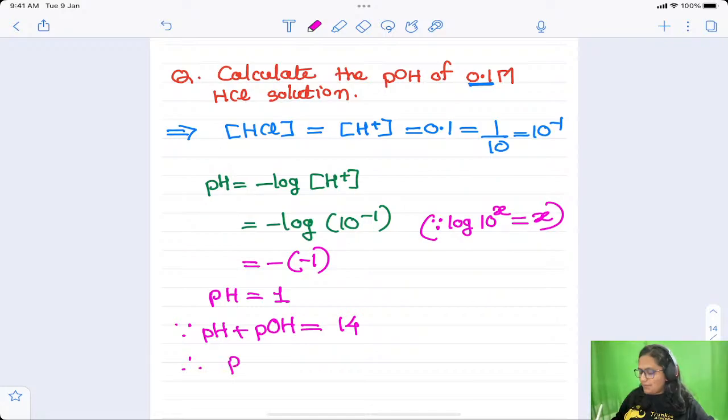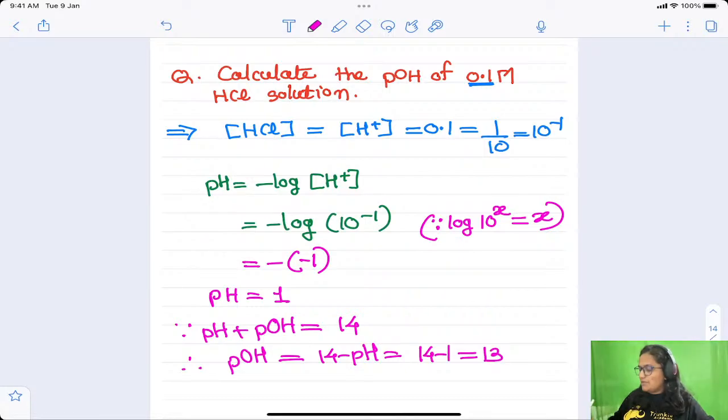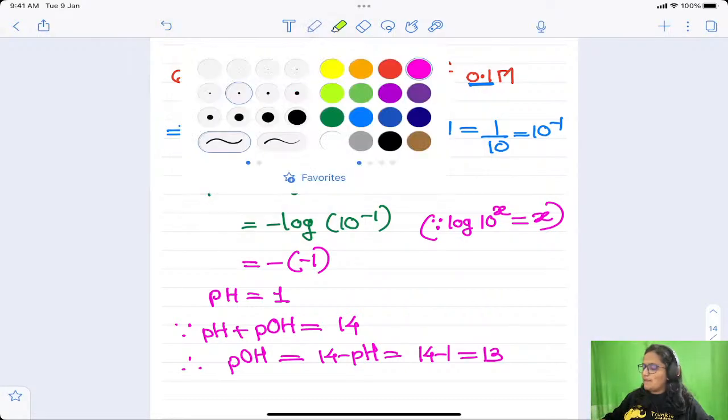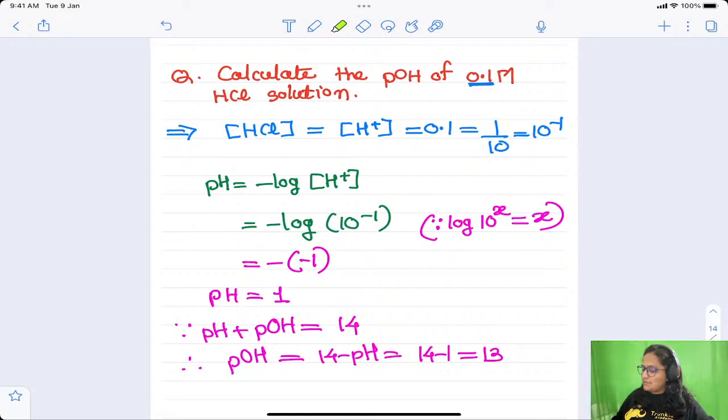Therefore pOH will be equal to 14 minus pH, that is 14 minus 1, that is 13. So the pOH of this solution is equal to 13. This is how we can solve the question based on the formula. Take a screenshot of this page.